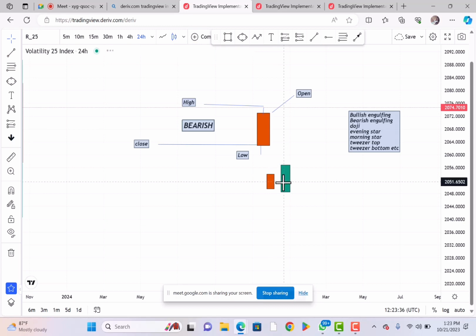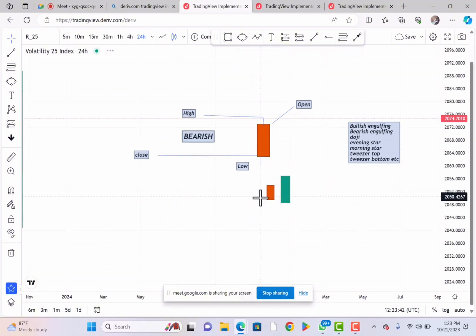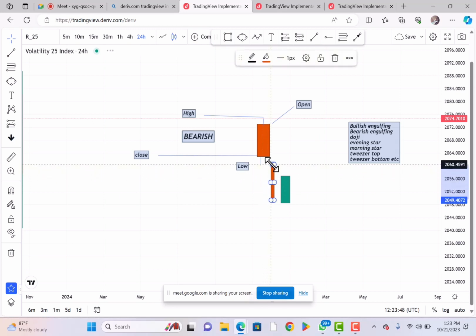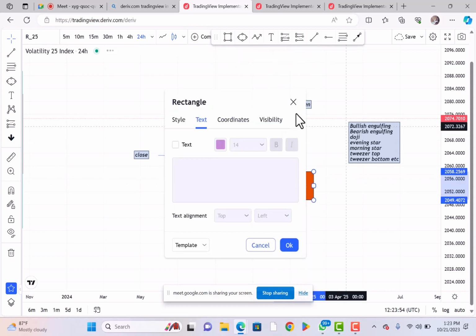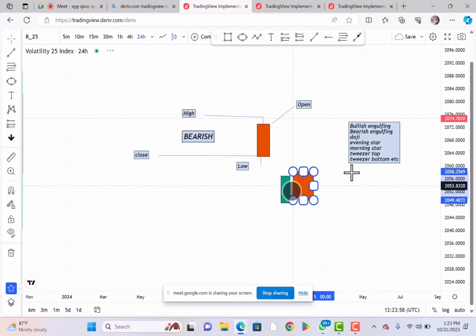But in the case of a bearish engulfing candle, the opposite is the case. This time around we have something like this.